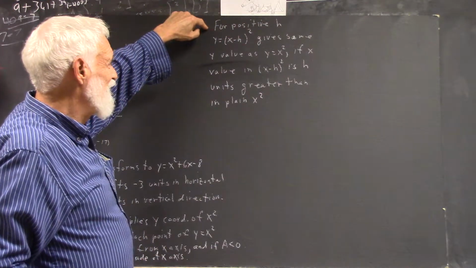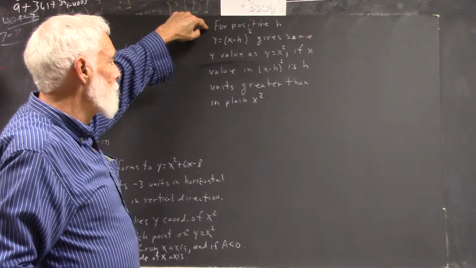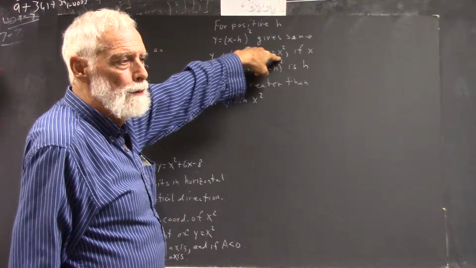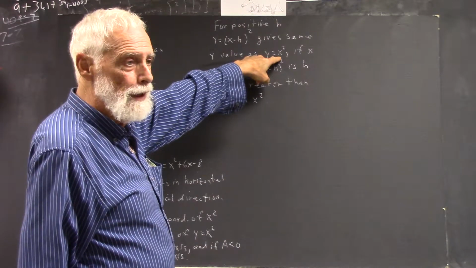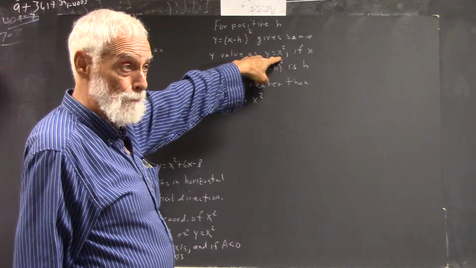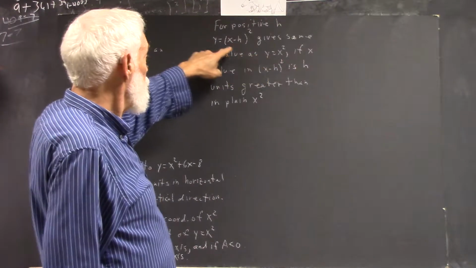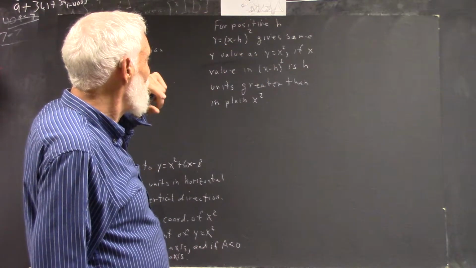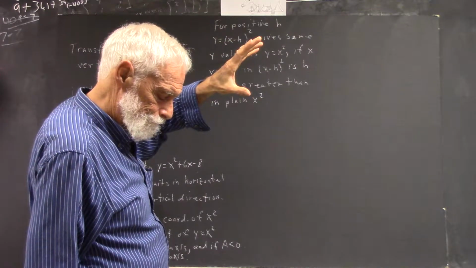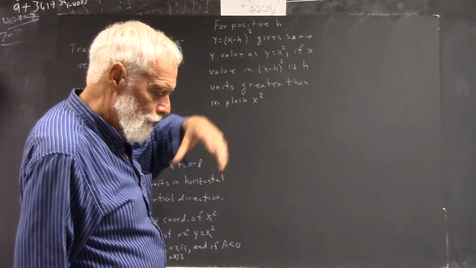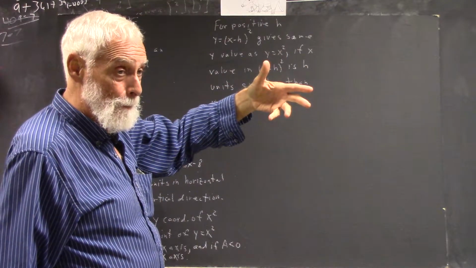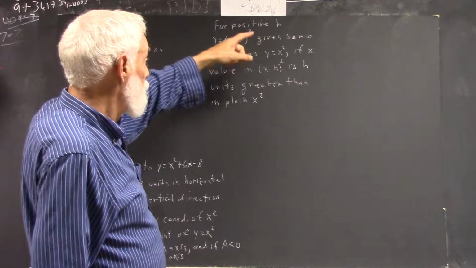So if h is positive, what I'm saying is, okay, let's say you do y equals x squared. Let's say x is 10, okay? So let's let h be 7.